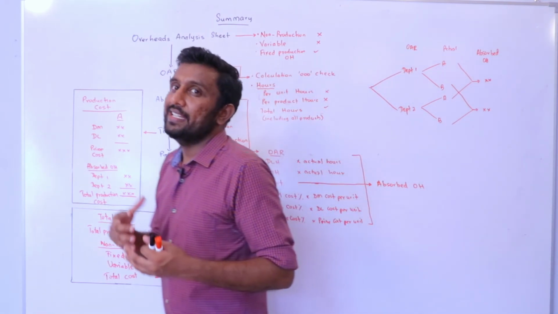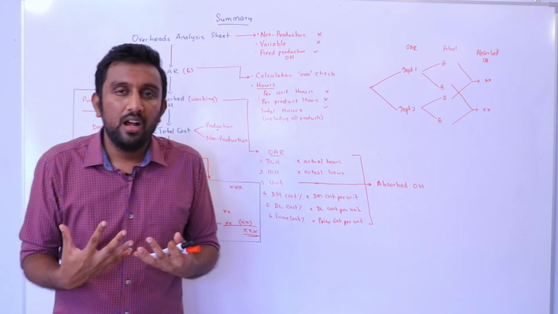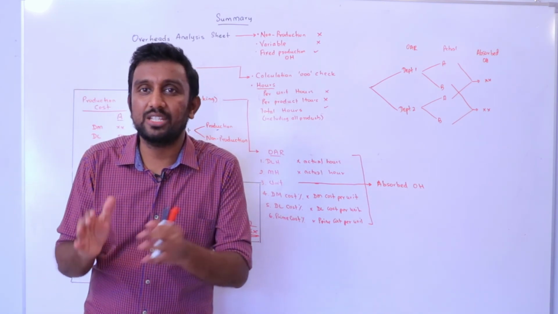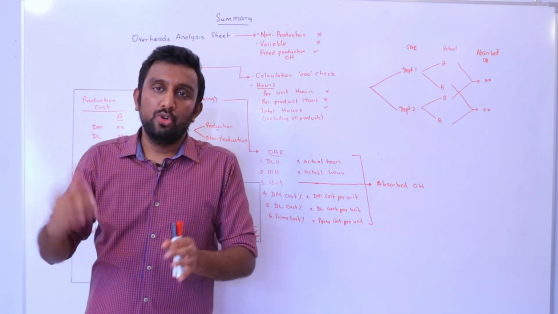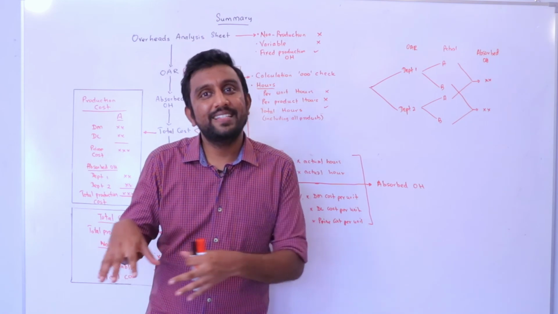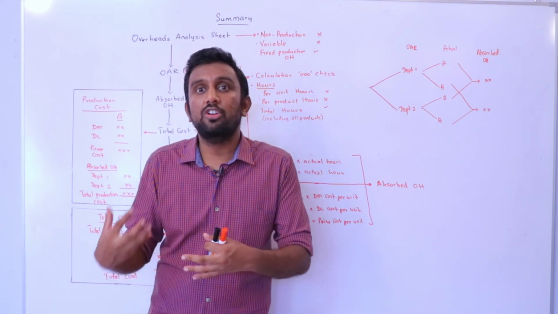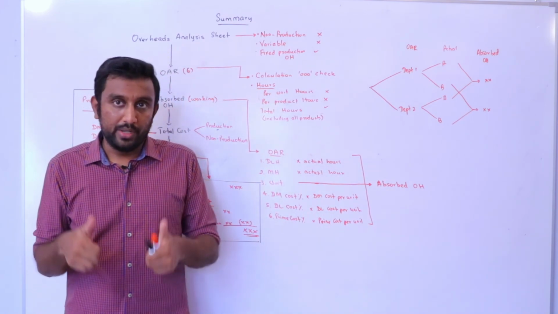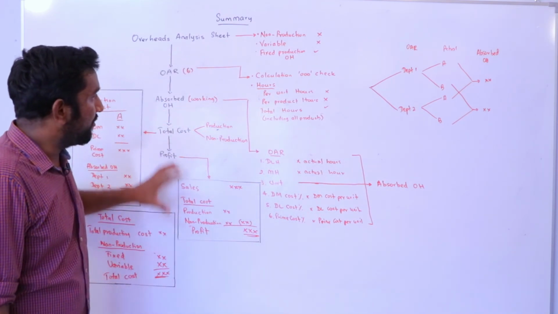These workings depend on you. You can have your own working to find the answer. There's no standard method to prepare the format to find the profit. Why? Because this is management accounting, this is not financial accounting. We don't have any standards to follow, right? So that is the final output.